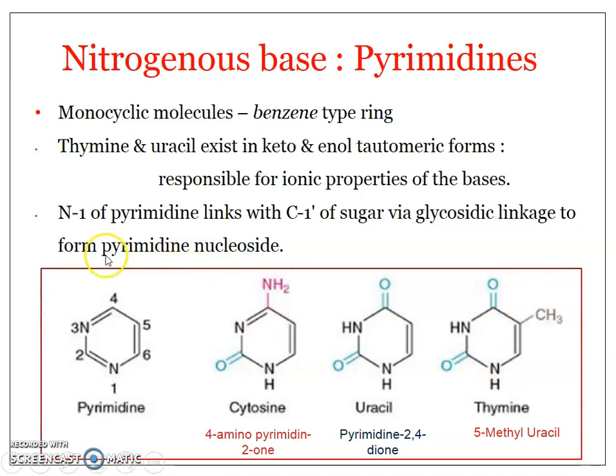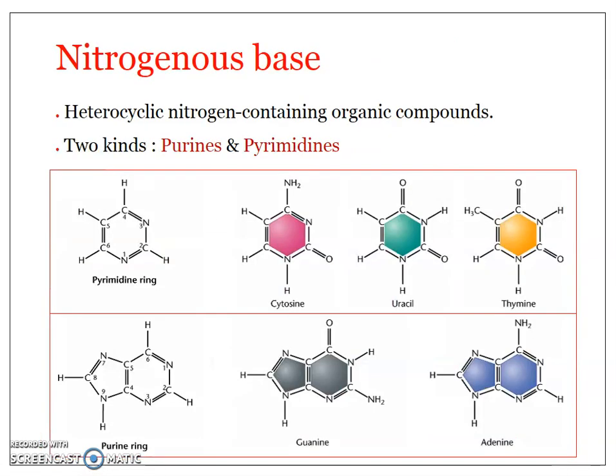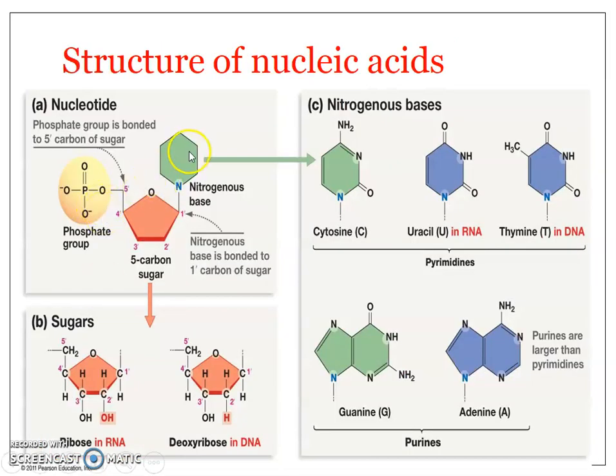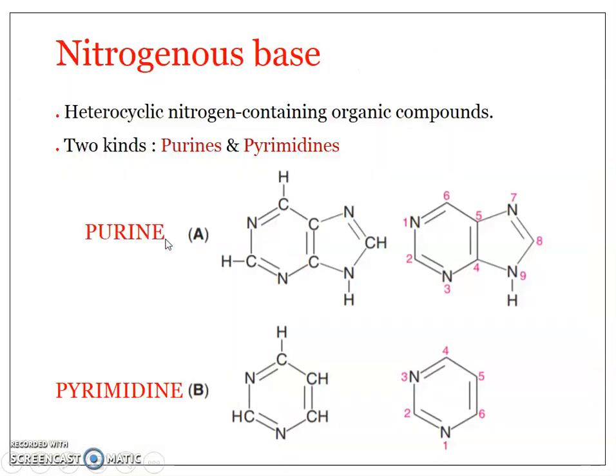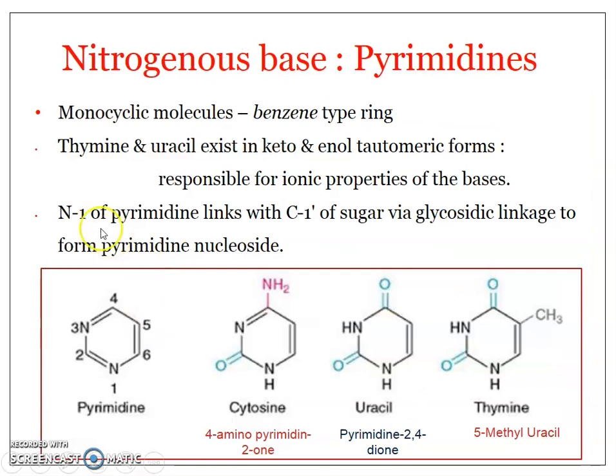Okay, now coming to the bonding. As we have already mentioned, the nitrogenous base binds with the first carbon on the sugar, isn't it? So in the case of pyrimidine, the N1 forms a link with the first carbon on the sugar, and the bond making up this link is known as a glycosidic bond.